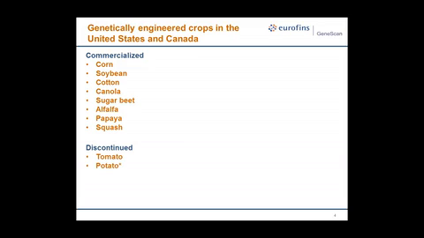We have some discontinued products, so you may remember back in early 2000 the Flavr Savr tomato, which inspired a lot of love and dread in the media, and then there were some potatoes on the market for a while, but those were withdrawn, and you will see now there's an asterisk because any day now a new company is going to start marketing their own version of biotech potatoes that have low acrylamide and are resistant to some bruising.